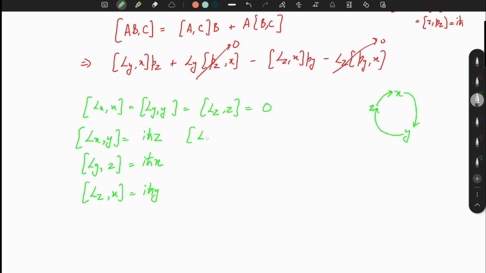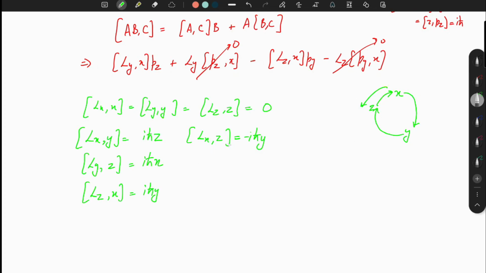And similarly the commutator of Lx comma z will be minus i h cross y, because x comes before z. After x, y should come, but it is in opposite order, so a negative sign will appear. So minus i h cross y.